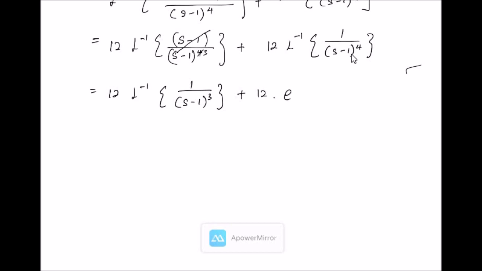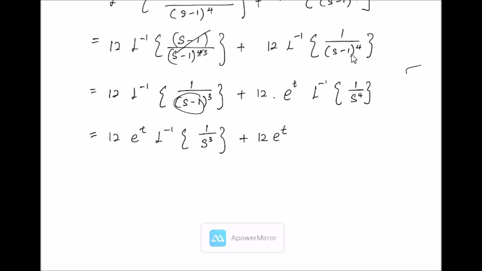So exponent, the a is 1, so exponent t, and then inverse Laplace 1 over s power of 4. Then next, this part we also can change. So 12 exponent t inverse Laplace, we still remain s power of 3 plus 12 exponent t.